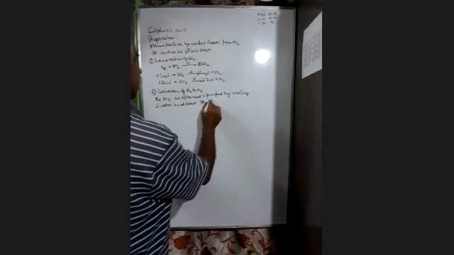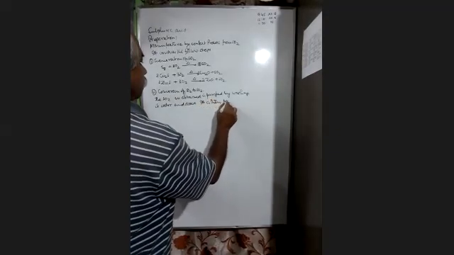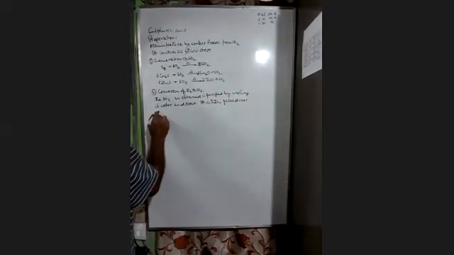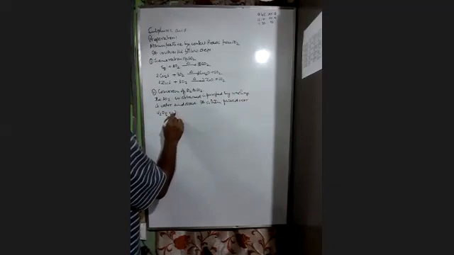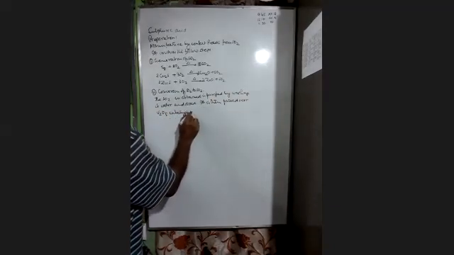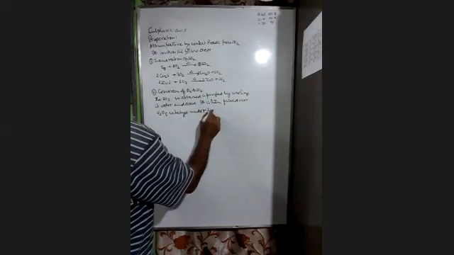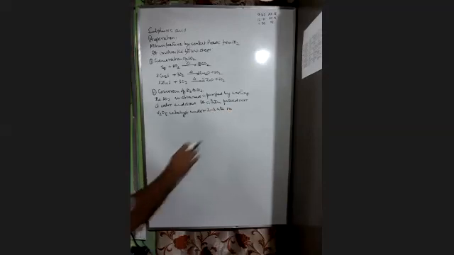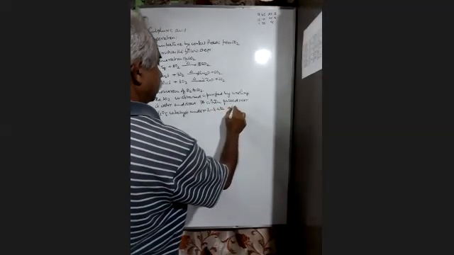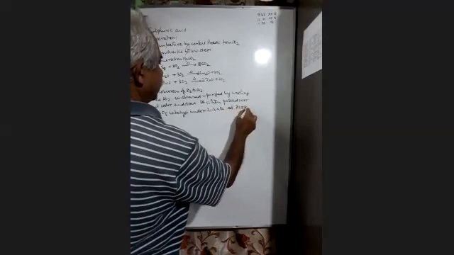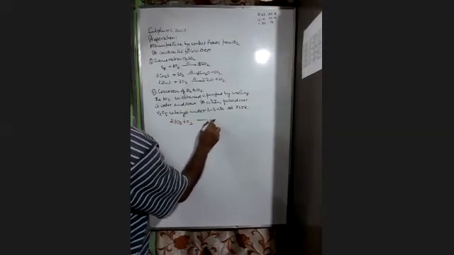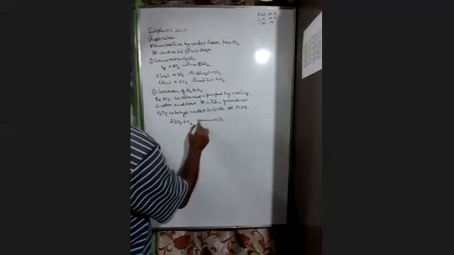It is then passed over vanadium pentoxide catalyst under 2 to 3 atmosphere at 725 Kelvin. What is going to happen? 2 SO2 plus O2. Please remember this is a reversible reaction and exothermic.